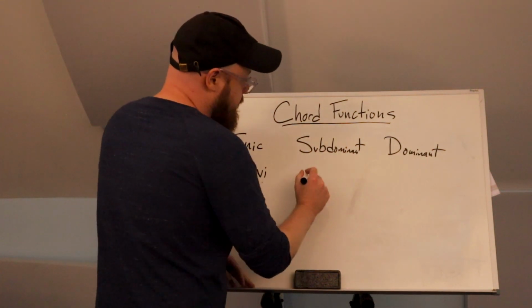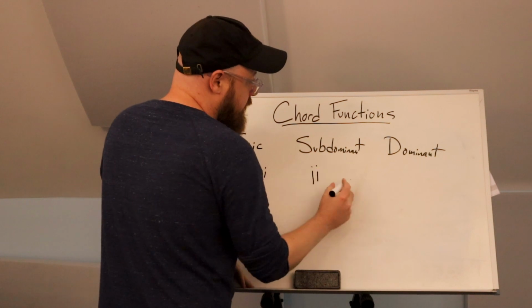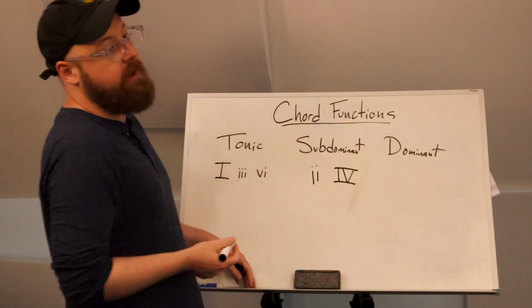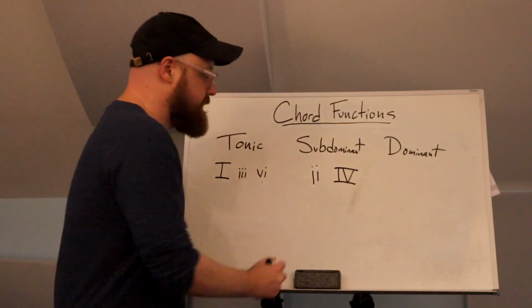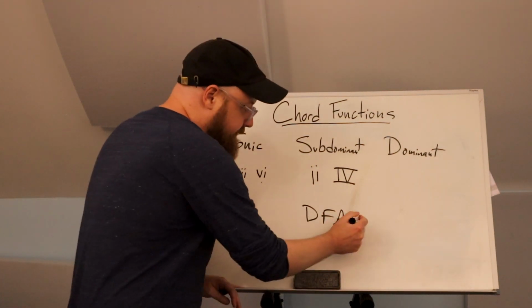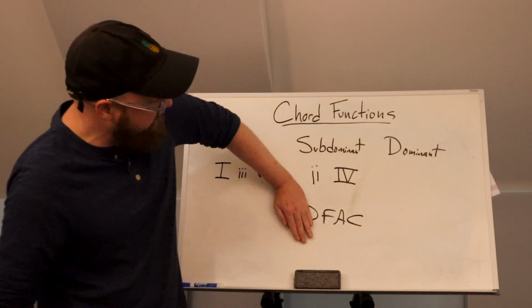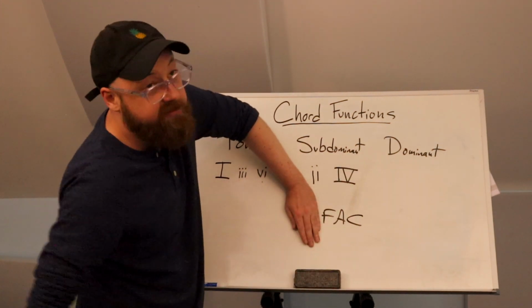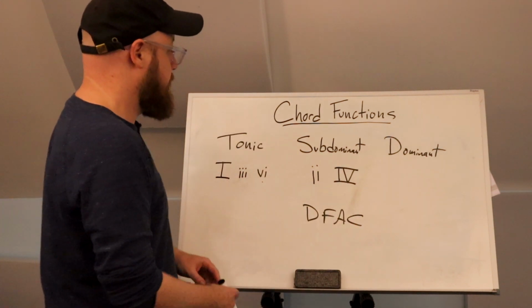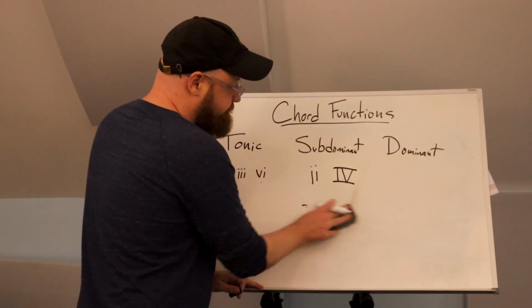Subdominant is the 2 and the 4 chords, right? And this is the same thing. D minor is D, F, A, and we go D minor 7, throw a C on there, hide the D, and we got F major, right? Which is the 4 chord. So that's the subdominant.